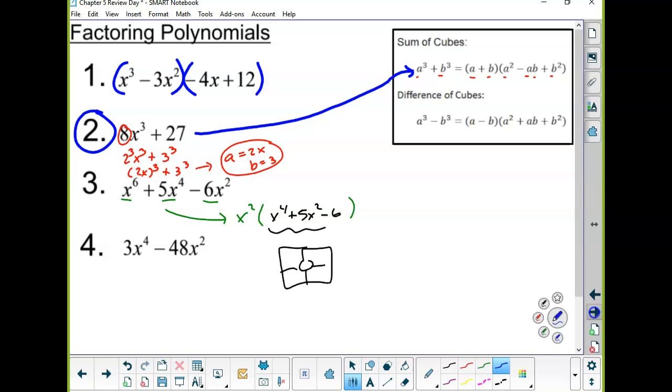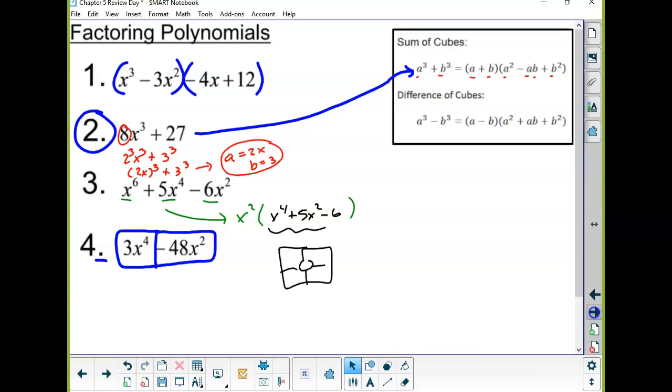And then number 4, this is how I would factor this one. There's 2 terms. What do they each have in common? I think you can pull a 3 out of each one, but you can definitely pull the x squared. So pull something out here and what's left over there. So those are just different ways to factor.